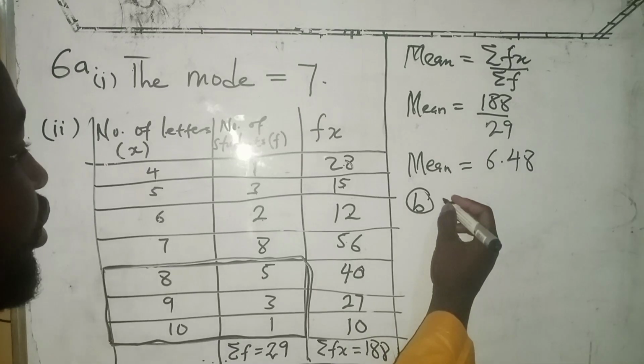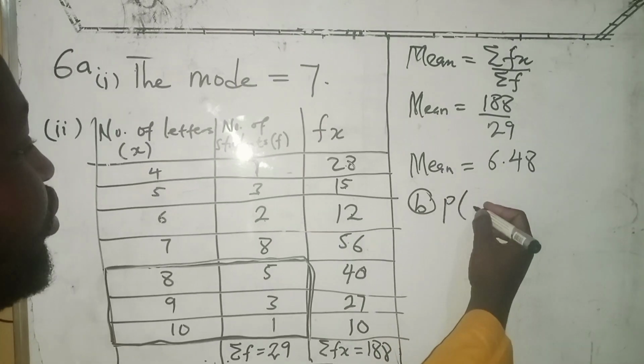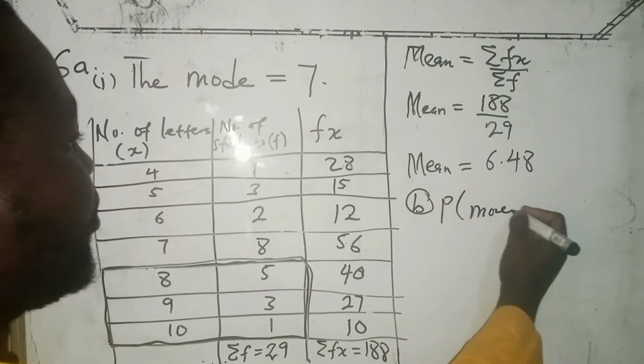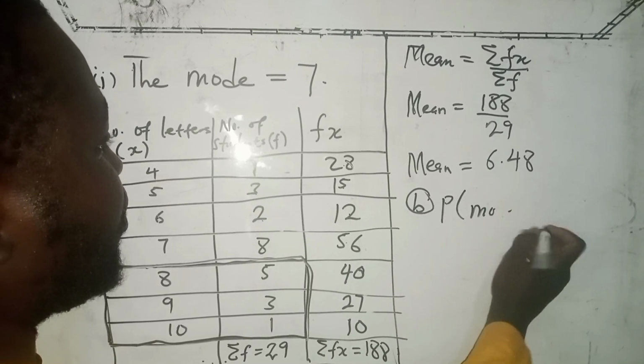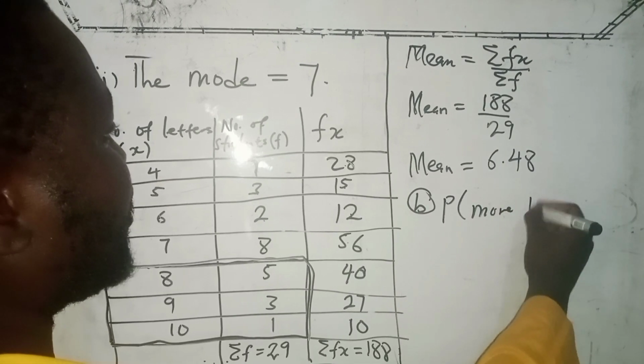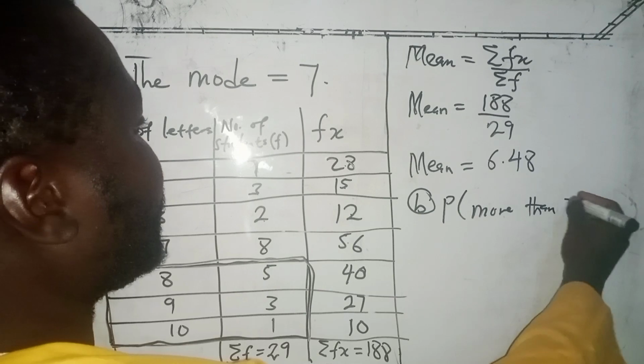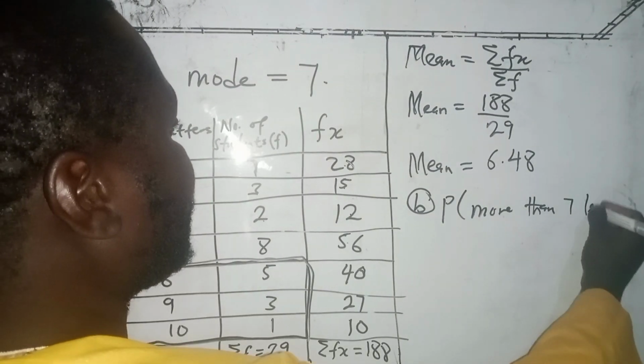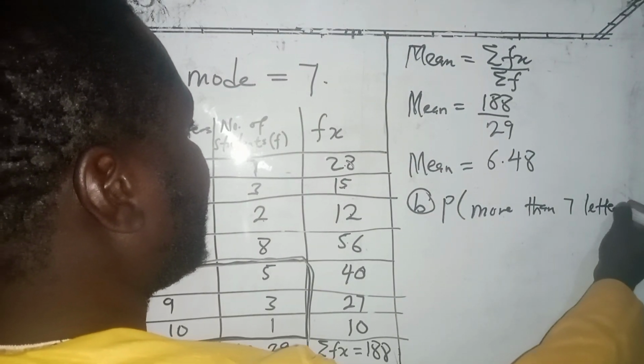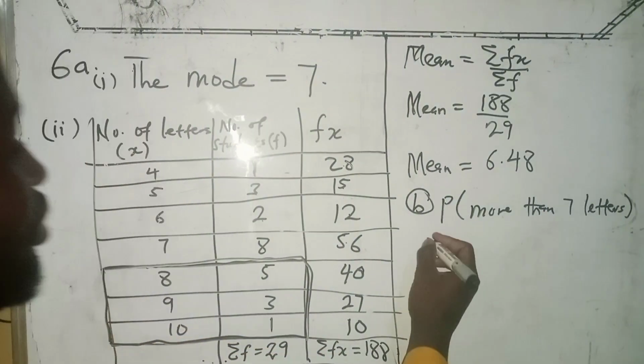So we have the probability of more than 7 letters. Let's make it as short as possible.